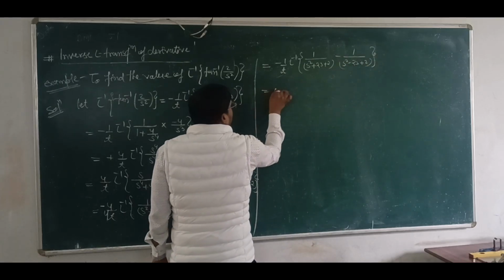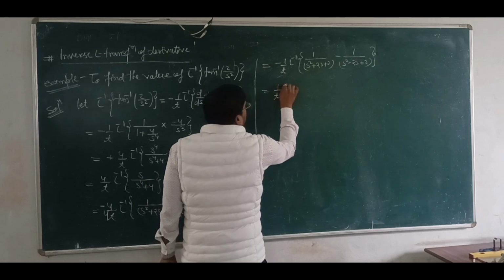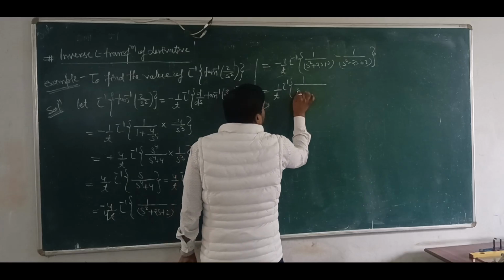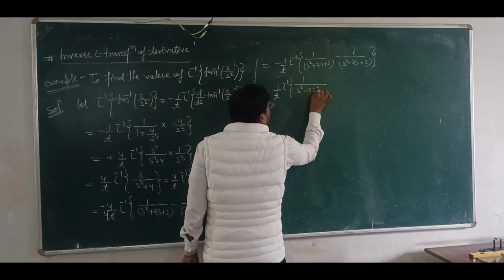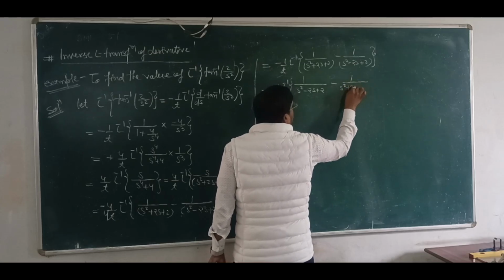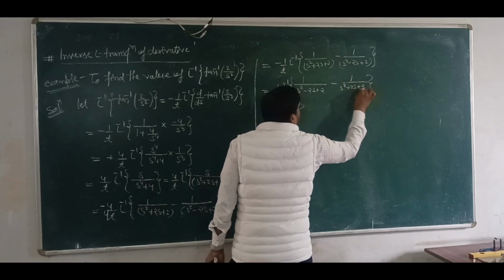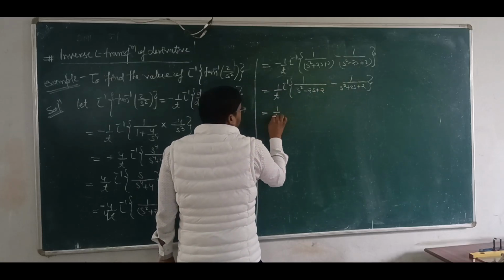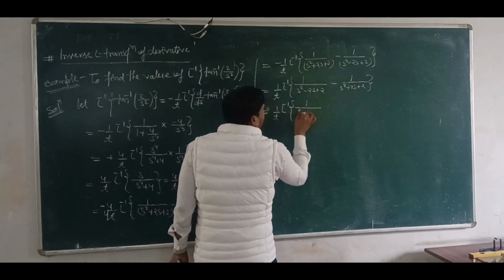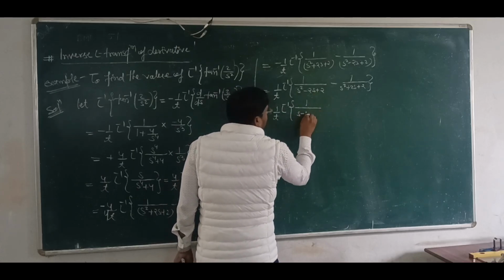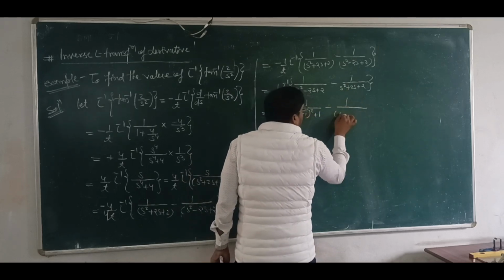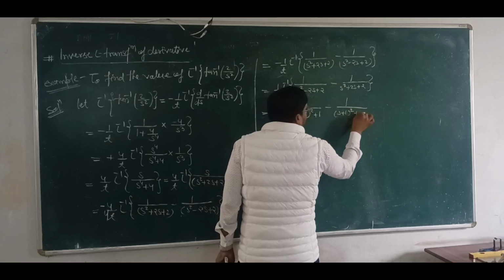Now you can write this as 1 upon t inverse Laplace of 1 upon (s square minus 2s plus 2) minus 1 upon (s square plus 2s plus 2). Now you can write 1 upon t inverse Laplace of this: a function of (s minus 1) to the power 2 plus 1, minus this, a function of (s plus 1) to the power 2 plus 1.